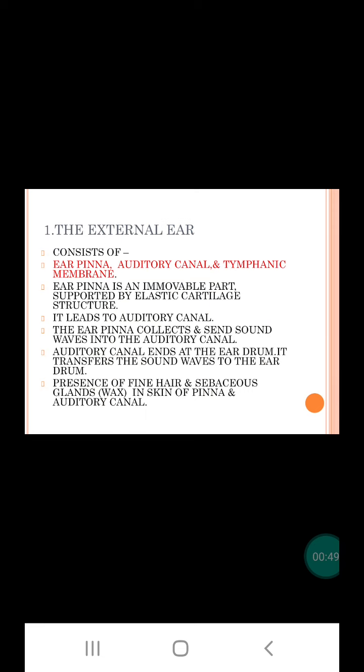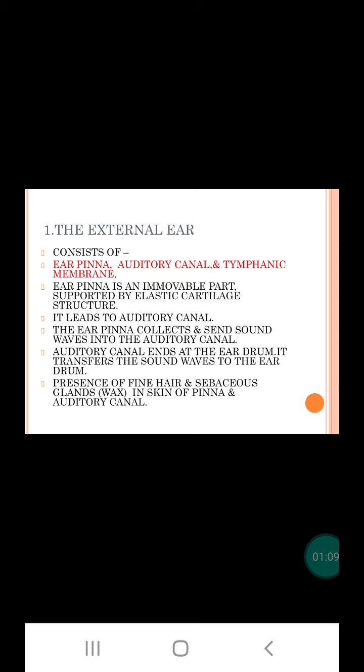First we'll study the external ear. The external ear consists of the ear pinna, auditory canal and tympanic membrane. The ear pinna is an immovable part supported by elastic cartilage, and it leads to the auditory canal.